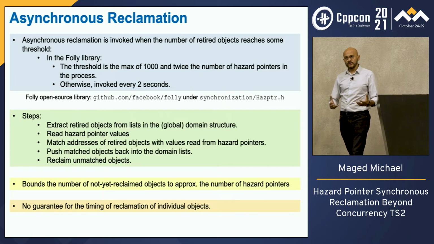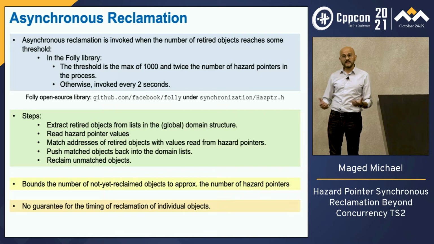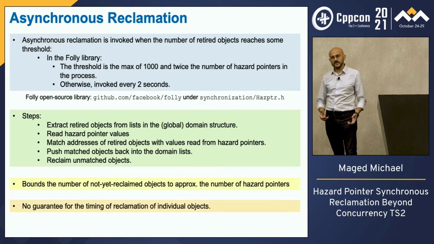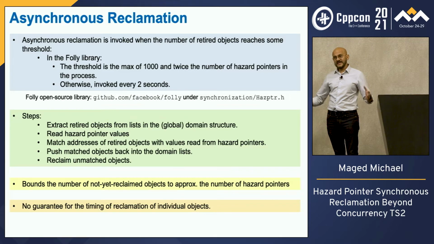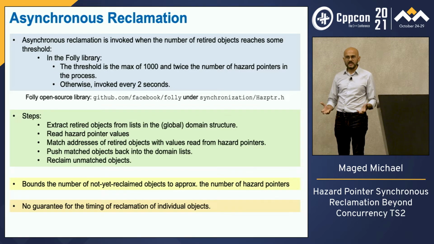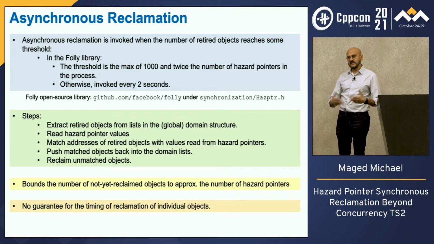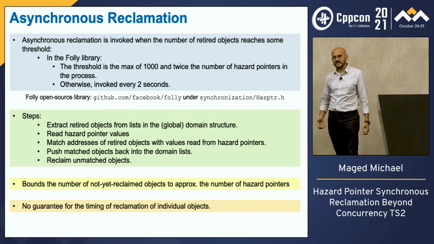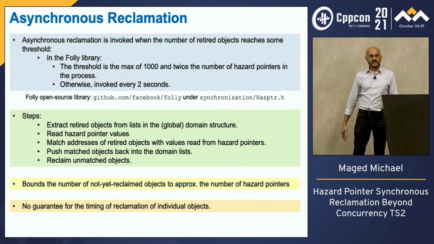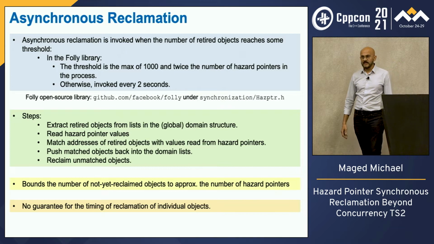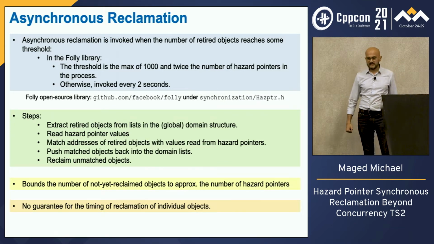To amortize asynchronous reclamation to take constant time per object, we accumulate twice as many objects as the number of hazard pointers in the process. We cannot protect more than the number of hazard pointers, so if we accumulate twice that, we know we'll reclaim at least as many.